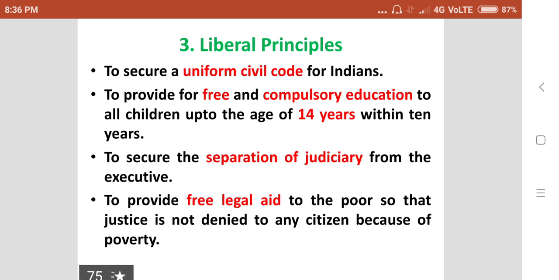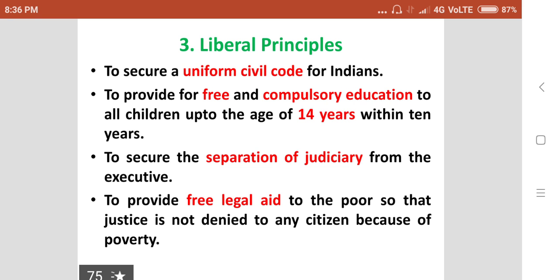The bill has been in the parliament for a long time. No government has taken keen interest in implementing the uniform civil code. These days, some discussions are going on to implement the uniform civil code.